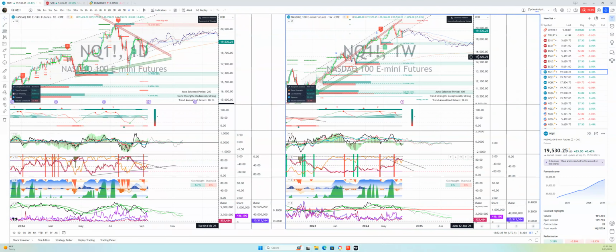Close enough. All right. So right here, you already see the oscillator in the overbought territory, and the price has already exited out of the overbought, and now it's struggling to try to get back up into that zone, but it's already crossed.